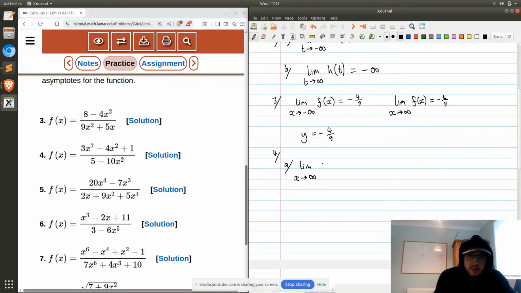As x approaches infinity of f of x would be the same as the limit as x approaches infinity of, let's see here, what can I do here?